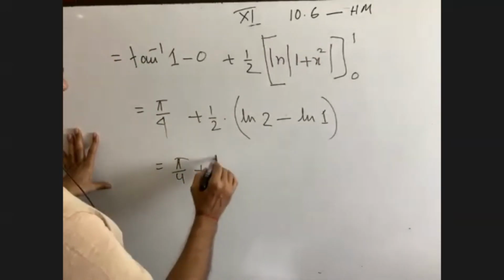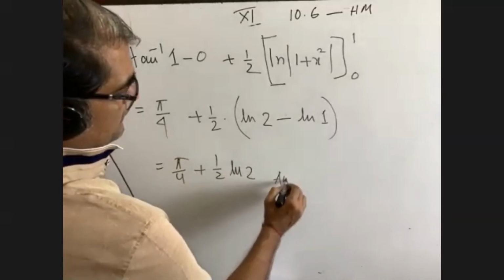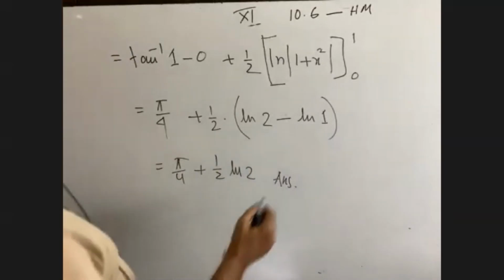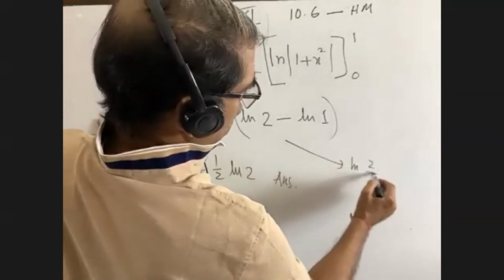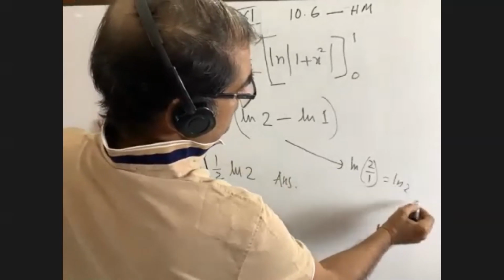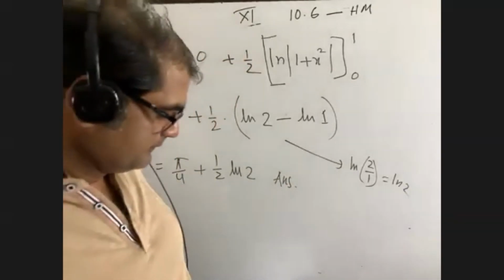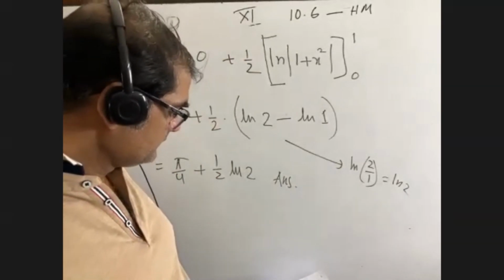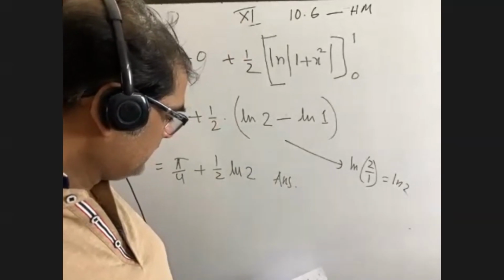So half ln 2, and we are done. Or it can be done like this: ln 2 by 1 division, so we are getting ln 2.